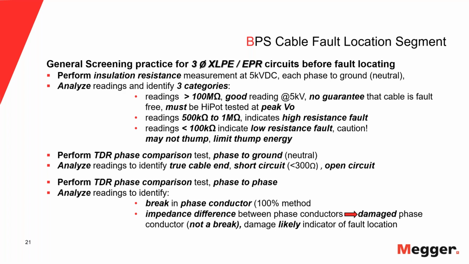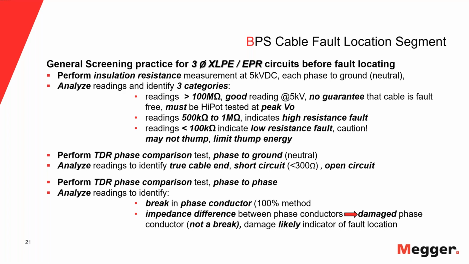When I fault locate, I have an open conductor. Okay, so really, what that test does, the phase-to-phase test, it measures the impedance differences between the phase conductors, and wherever there is an impedance difference, it doesn't have to be a complete open. It doesn't have to be a complete short circuit. Just a difference in impedance shows me that there must be a difference in the conductors.